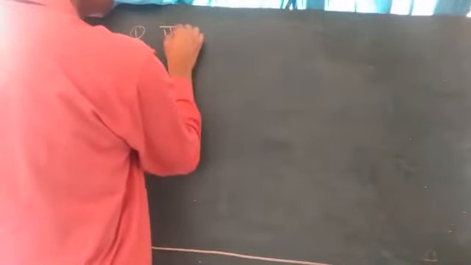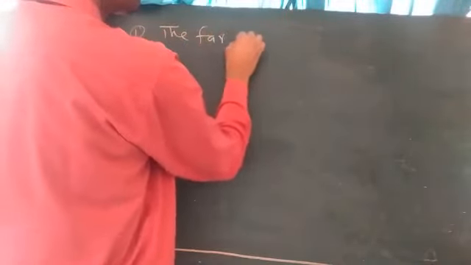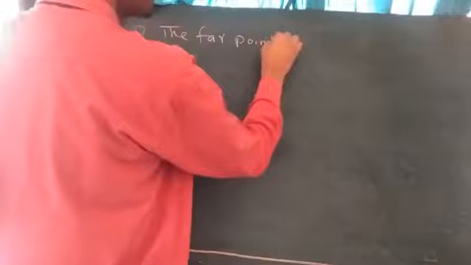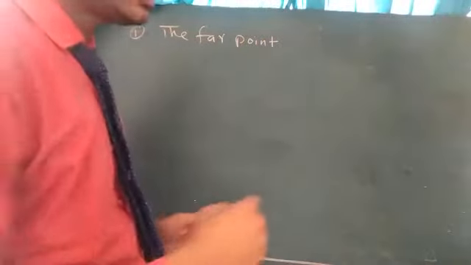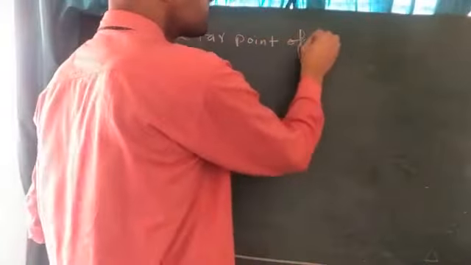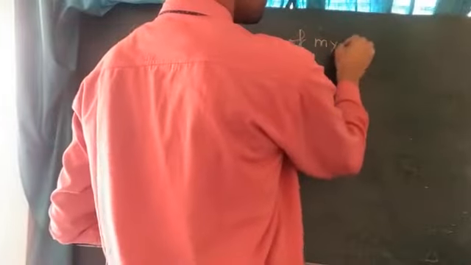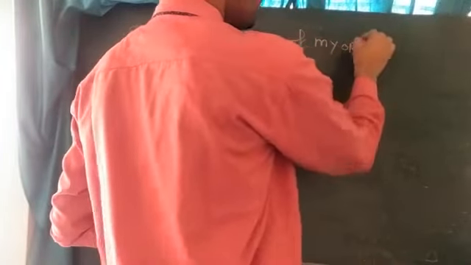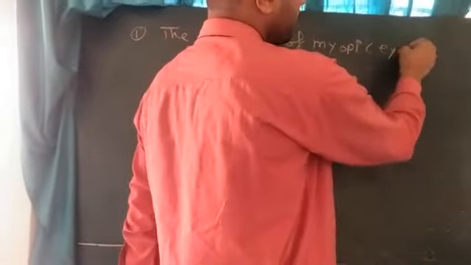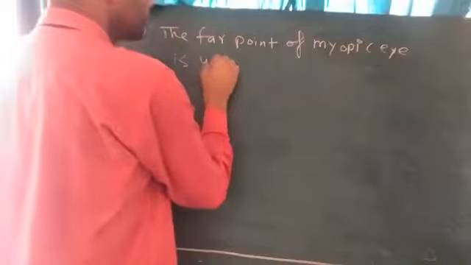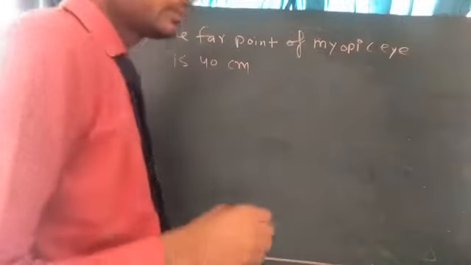So I'm going to take the first numerical. The far point of a myopic eye is 40 centimeter.